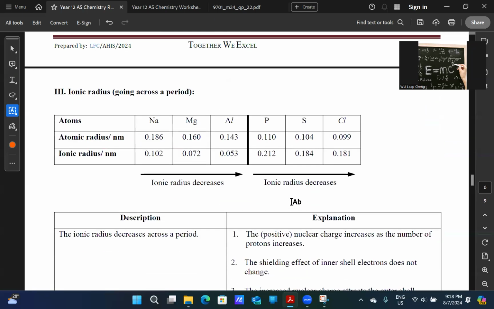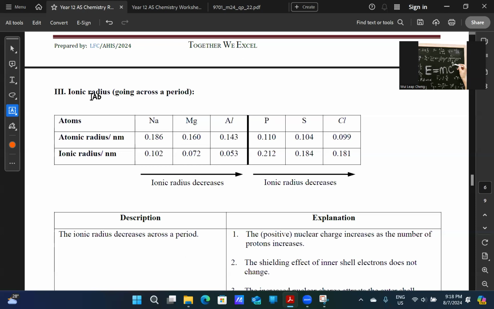Next part is ionic radius. For ionic radius, we discuss what happens if the atom loses or gains electrons. As the atoms lose or gain electrons, what are the changes to its size?